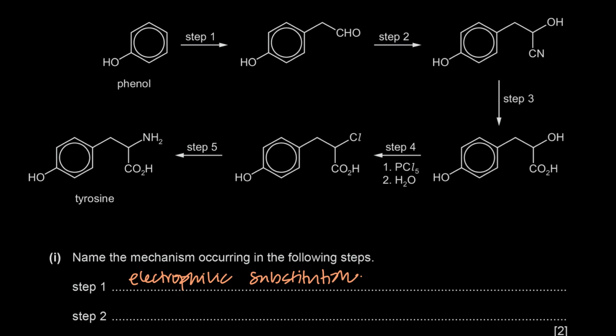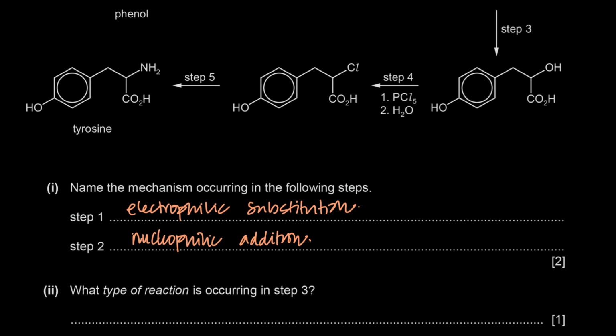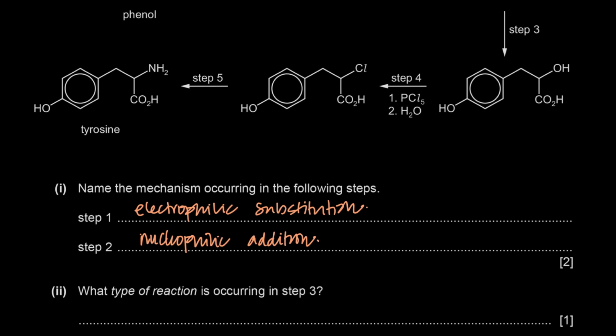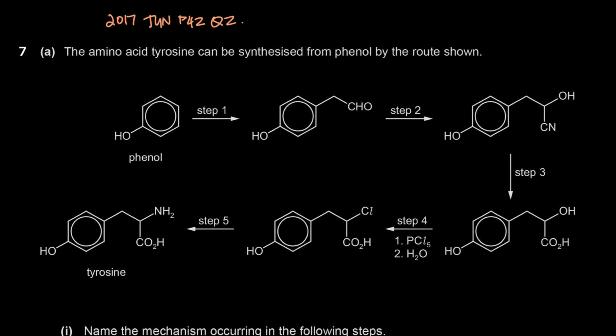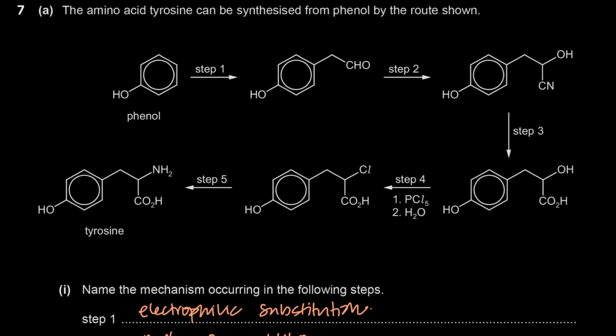And step number 2 is nucleophilic addition. And for step number 3, the type of reaction, CN to COOH, is hydrolysis. So that's the type of reaction for steps 1, 2, and 3. Now it's asking for the reagents and conditions for all of these.